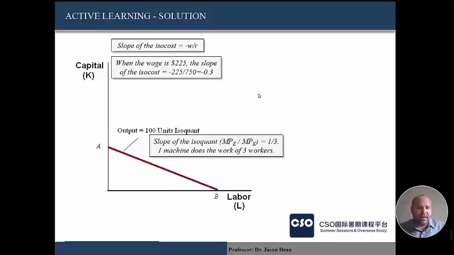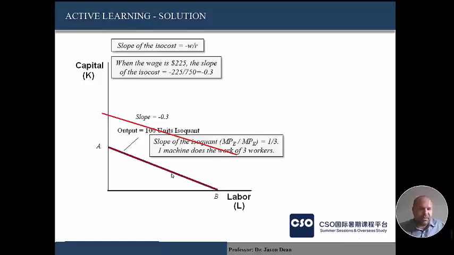And so it is now cheaper to just use 3 workers than it is to buy a unit of capital. And so we have a new isocost line, in order to find the cost-minimizing amount of capital or labor to produce 100 units.